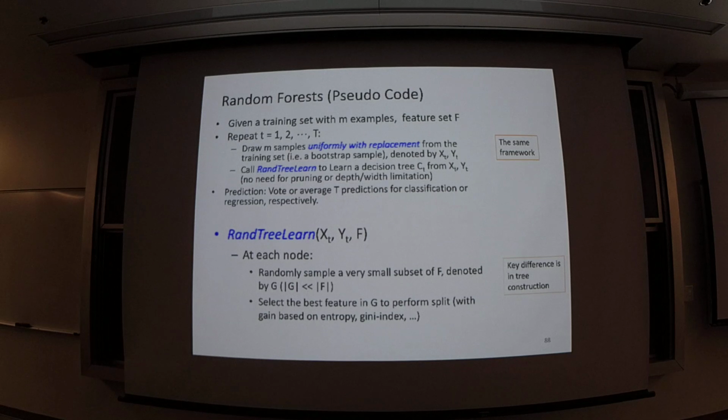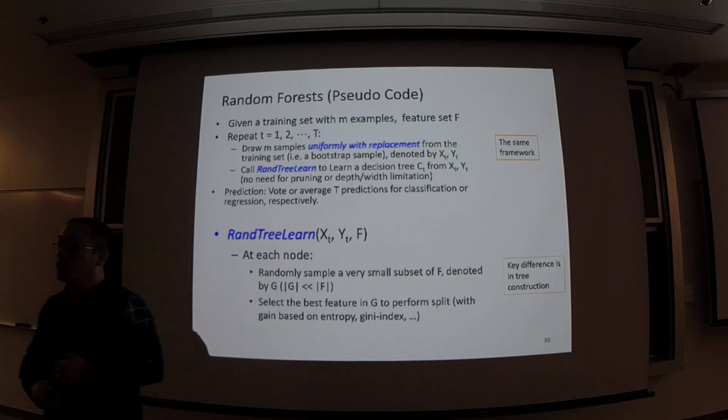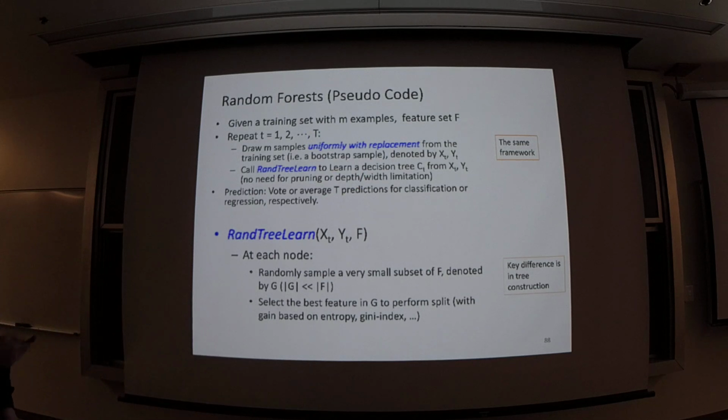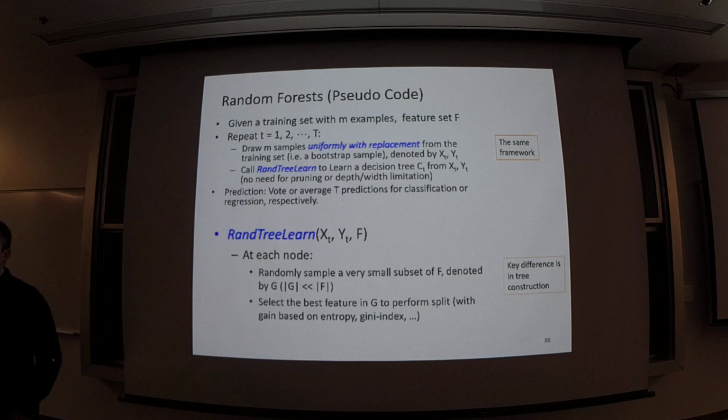Is there a rule of thumb on how big you choose G to be in comparison to the total number of features? Those are parameters you have to tune on your training set, like big T. But usually you are not encouraged to train 1,000 trees. That won't help too much. Also, the size of G should not be too small.